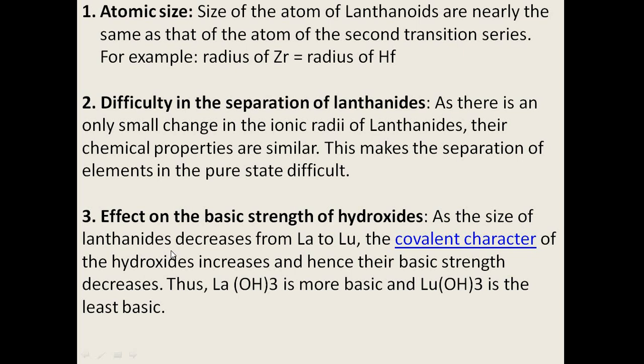As the size of lanthanoids decreases from lanthanum to lutetium, the covalent character of hydroxides increases and hence their basic strength decreases. Thus, La(OH)3 is more basic, and Lu(OH)3 is the least basic.